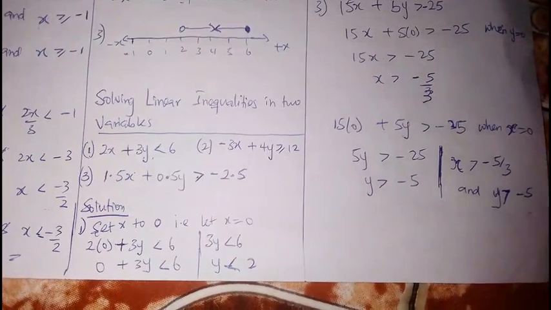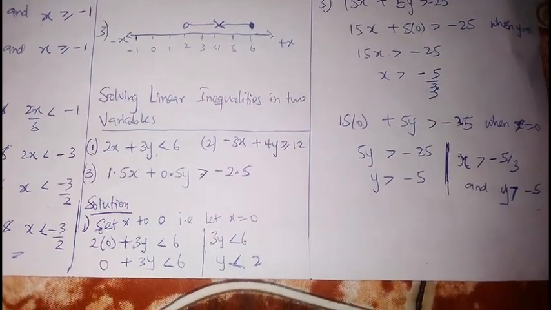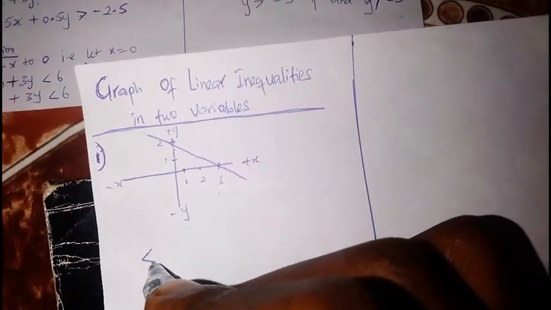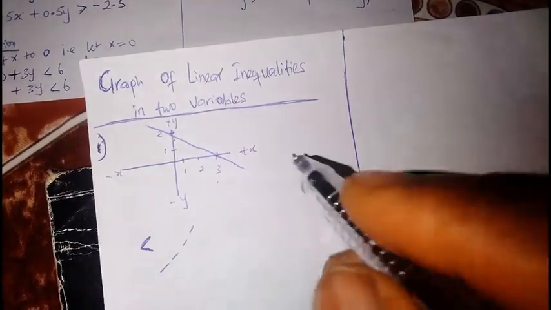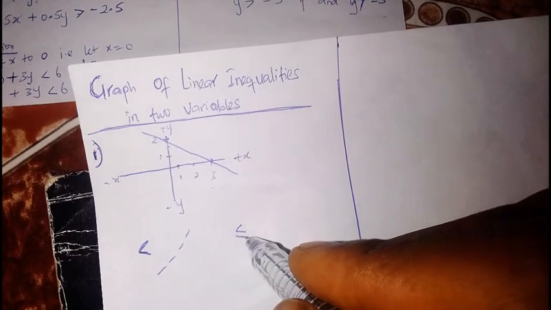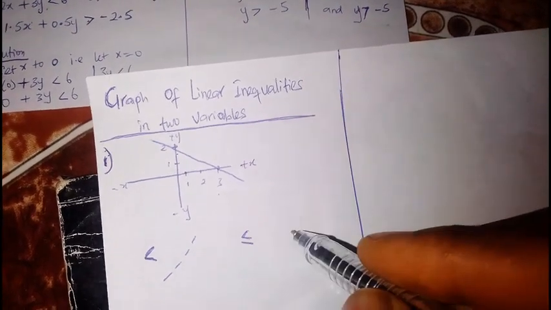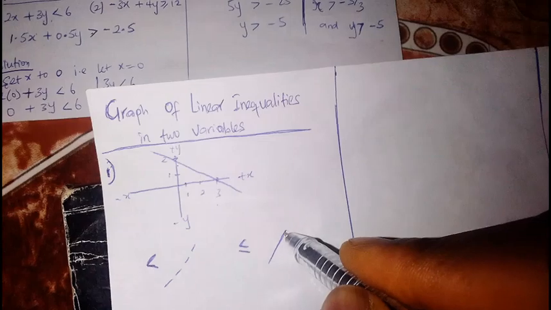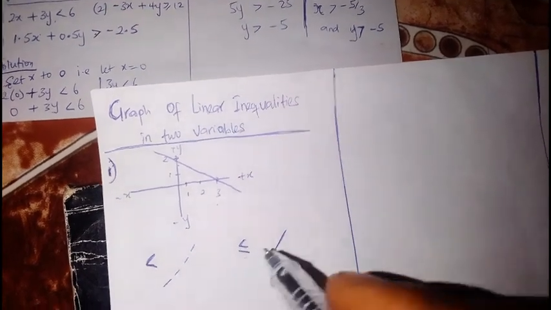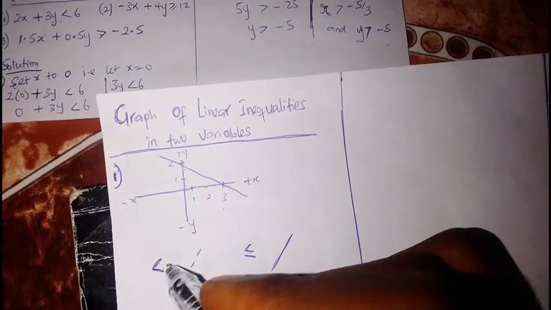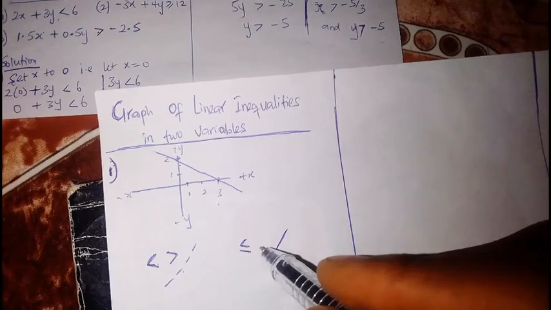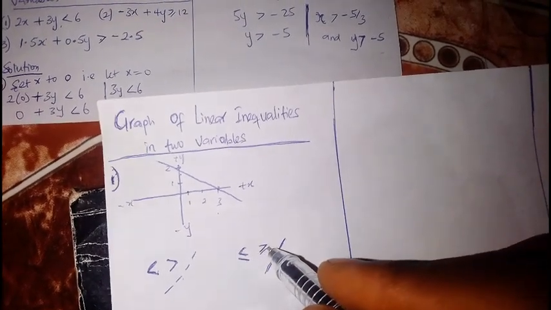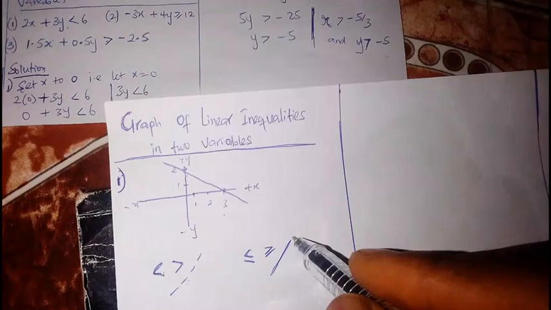It means for the graph of linear inequalities of two variables, for strictly less than, my graph will be a dotted graph. For less than or equal to, it will be a straight line graph. It will be all through. It's not going to be dotted. That's the difference. So for less than or greater than, I'll have a dotted graph. For less than or equal to or greater than or equal to, I'm going to have a straight line, that is, it's going to be throughout.